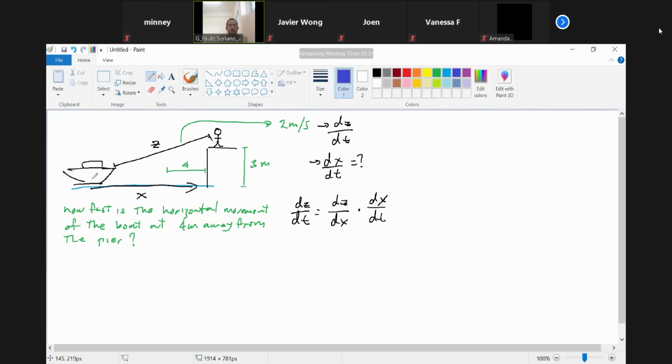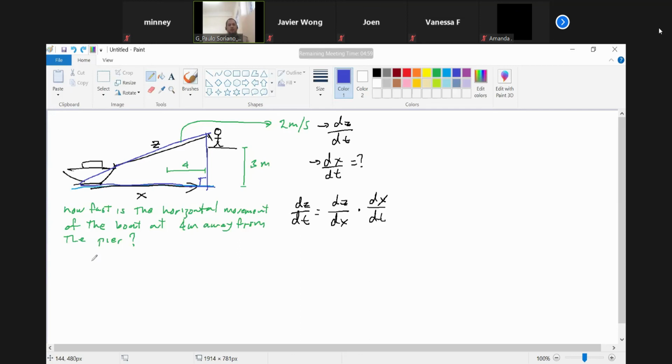So technically, this forms a right triangle. As you pull it, the boat will move farther forward, correct? So that's now 90 degrees. So we can solve for z. This is actually a good diagram, okay?